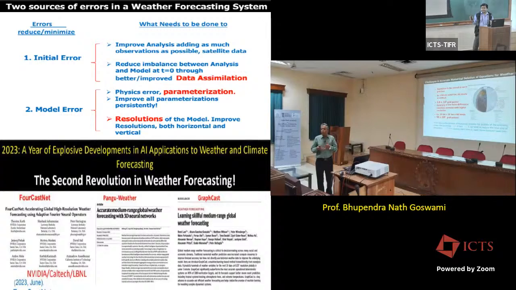Of course, one can always say that they tend to do well only for certain specific types of variables, or only in certain specific regions, or they may have a limited lead time and so on. But the results which they have published have definitely been some sort of an eye-opener for the weather forecasting community in general, and Professor B.N. Goswami is very keen about this aspect.